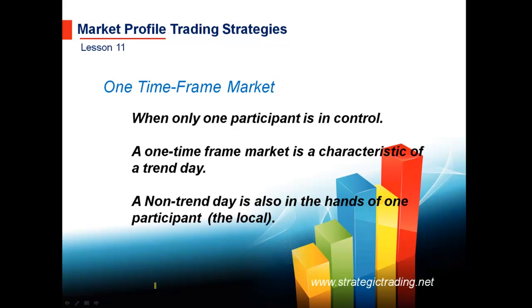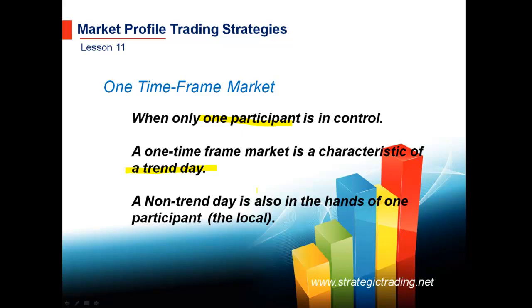Let's begin by taking a look at the single time frame, or the one time frame market. Basically this is when one participant is in control. A one time frame market is the characteristic of a trend day, because there's only one party that is in control.